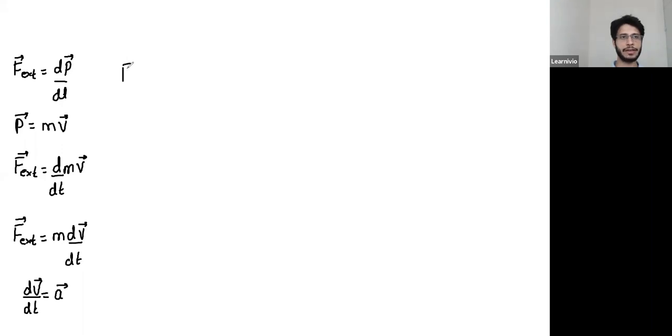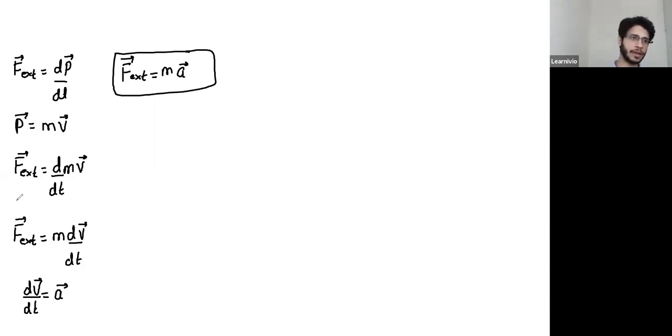So you can write that this F external is mass into acceleration. So Newton's second law, for a system having constant mass, reduces to this simple form, that force is mass multiplied by acceleration.